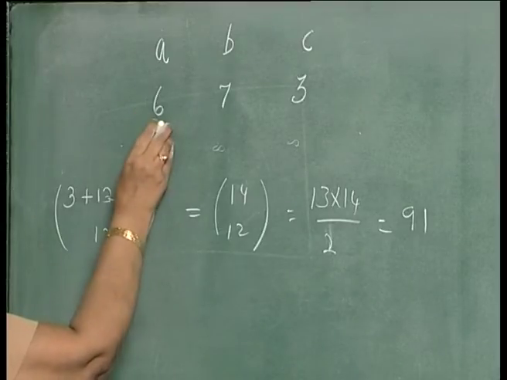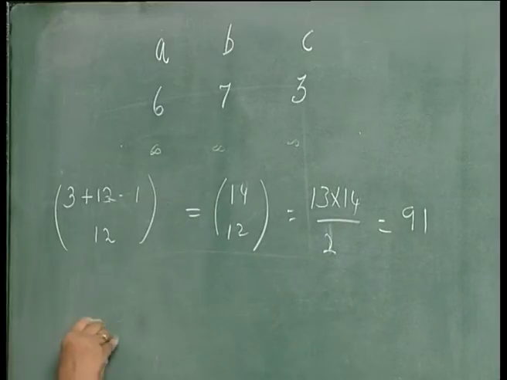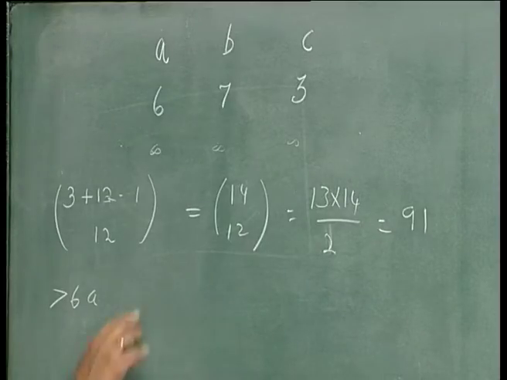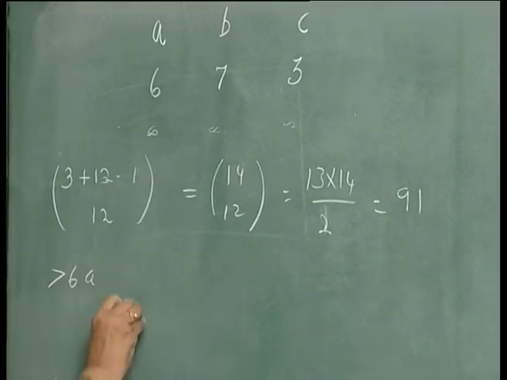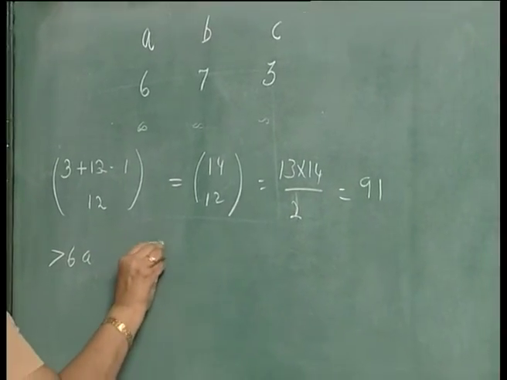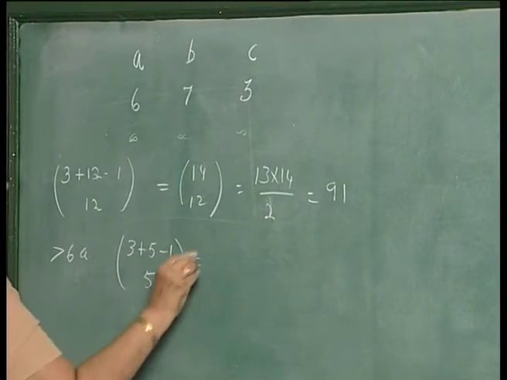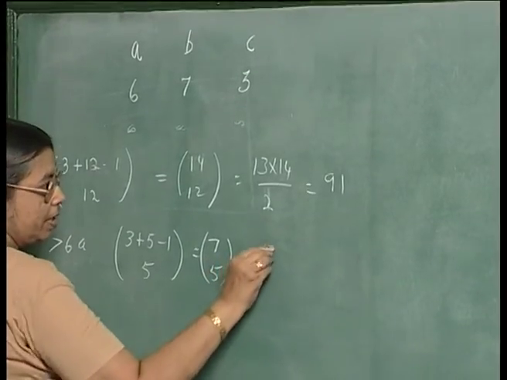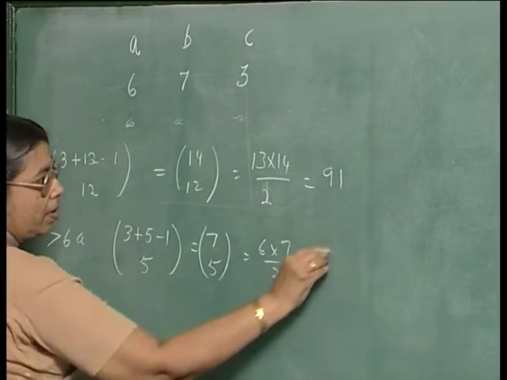Suppose I select 7 A's, the remaining 5 can be selected from A, B and C. So, for greater than 6 A's, the number of such combinations is, you have to select the remaining 5 from these 3 types of objects. So, (3 plus 5 minus 1) choose 5, and that is 7 choose 5, that is equal to 6 into 7 by 2, that is 21.